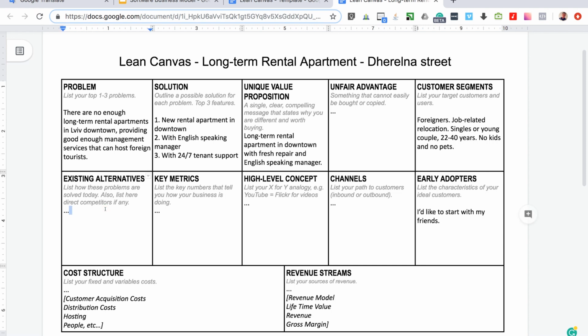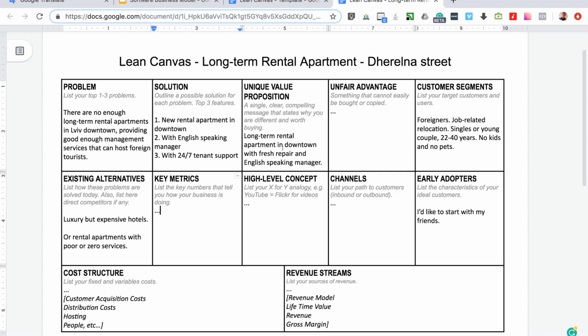So what I'm going to put here in the existing alternatives block in the lean canvas is luxury but expensive hotels and rental apartments with poor or zero service.